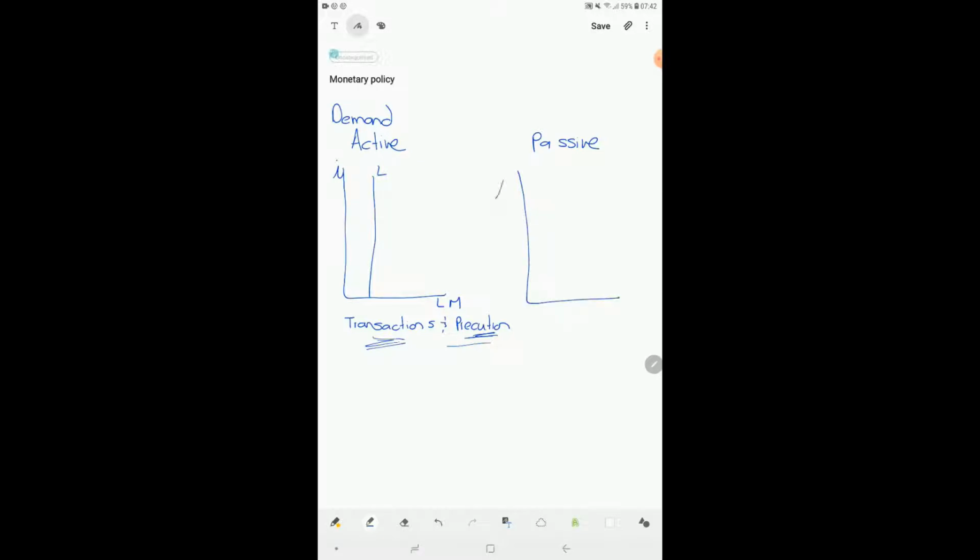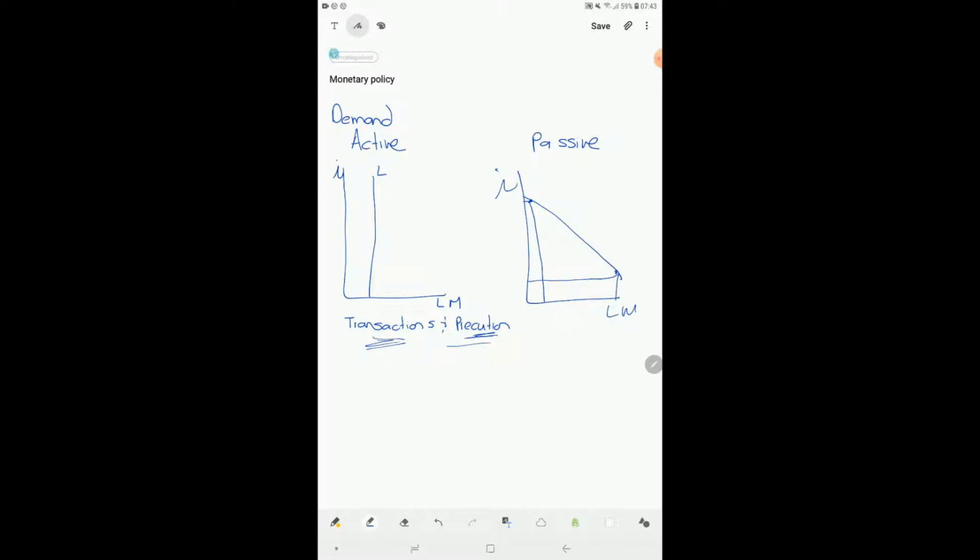Passive balances, however, your demand for your money is dependent on your interest rate. So it looks like this. If the interest rate is high, money demand will be low. If your interest rate is low, your money demand will be high.